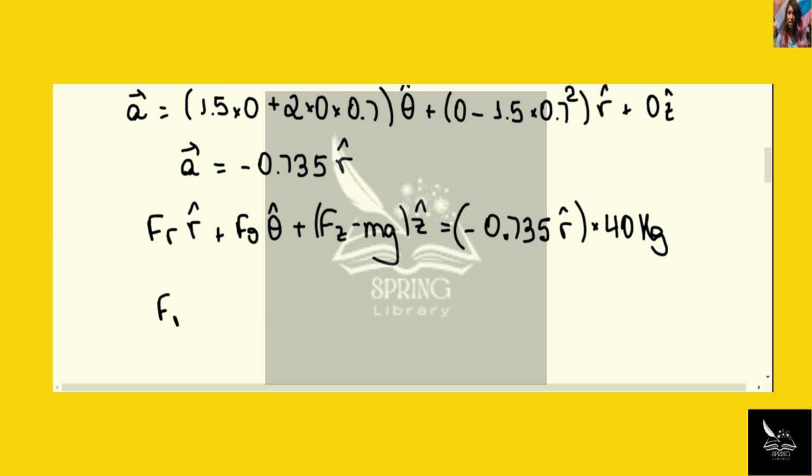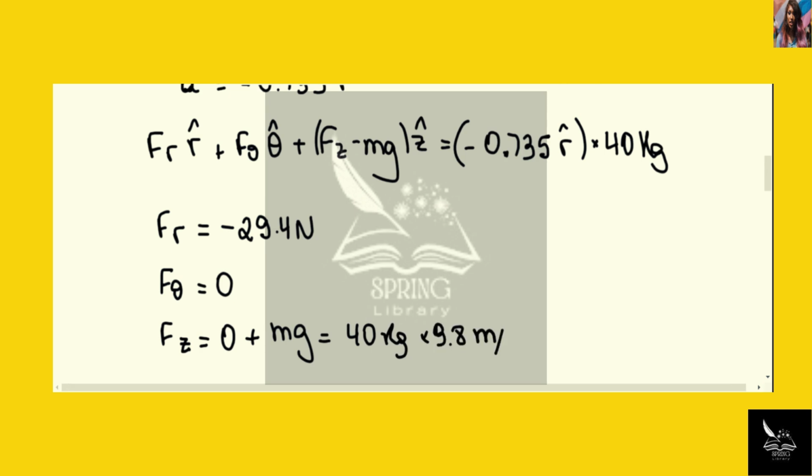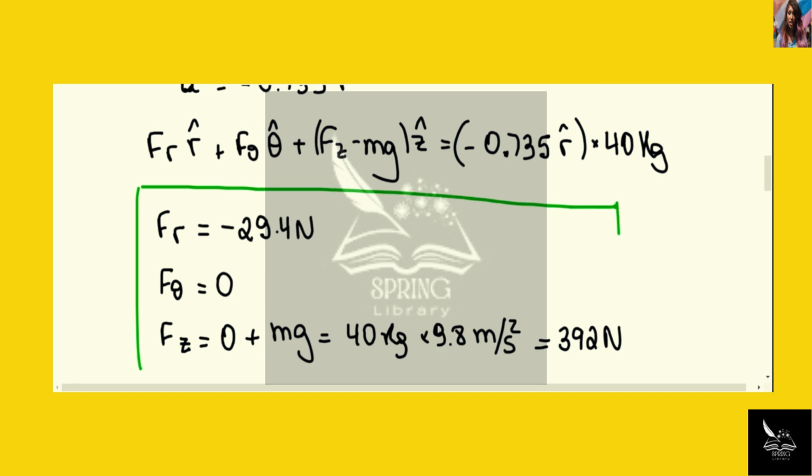So we have that Fr is minus 0.735 times 40, which is minus 29.4 newtons. F theta is equal to 0, and Fz is equal to 0 plus mg, which is 40 times 9.8 meters per second squared, and this is equal to 392 newtons. And this is our final answer.